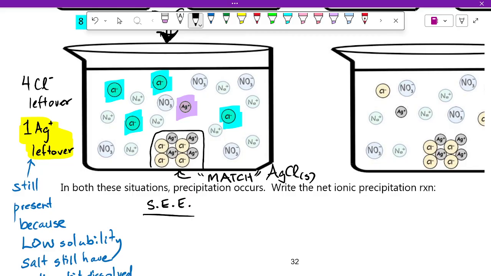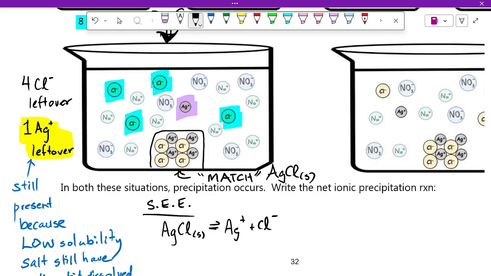What compound would we be writing the solubility equilibrium equation for? AgCl. So where do I put the solid? On the left, AgCl solid. And on the right, we've got our dissolved ions, Ag plus and Cl minus.